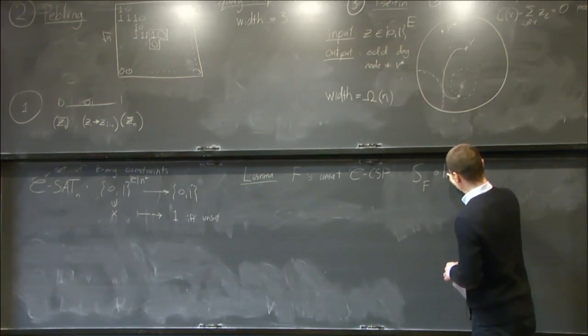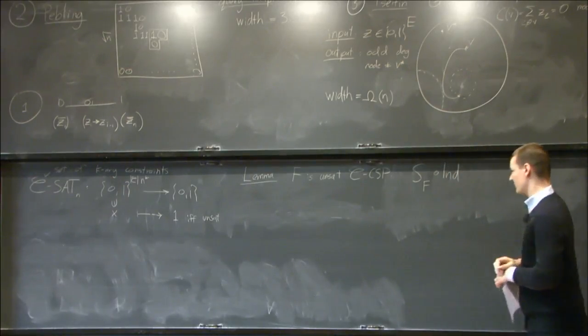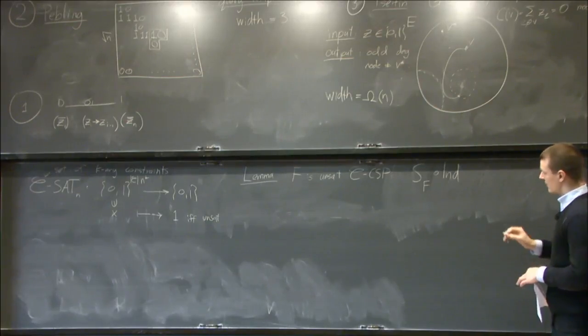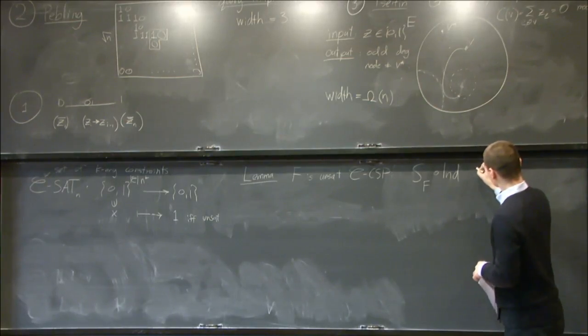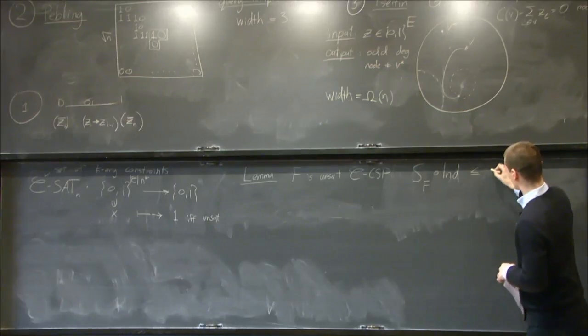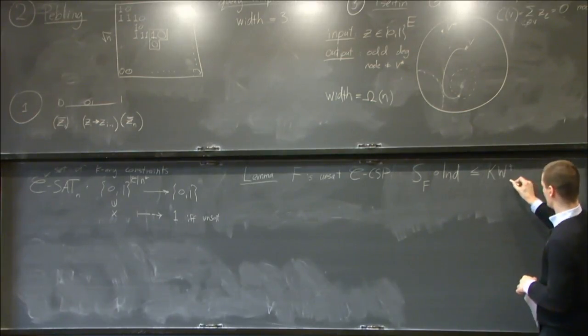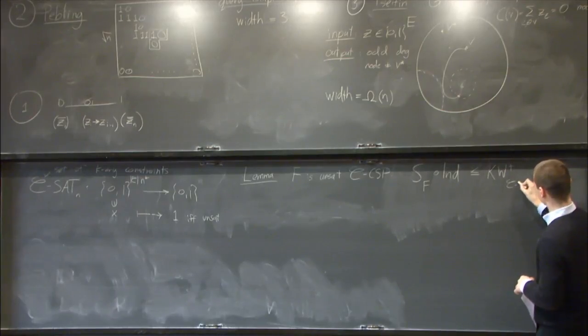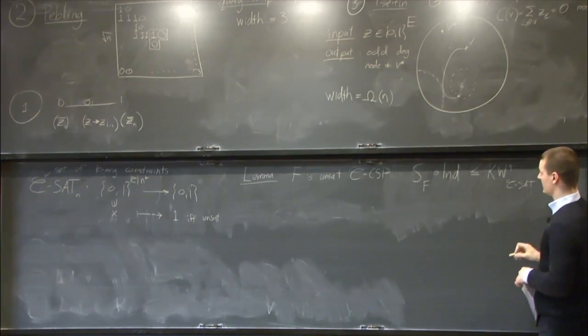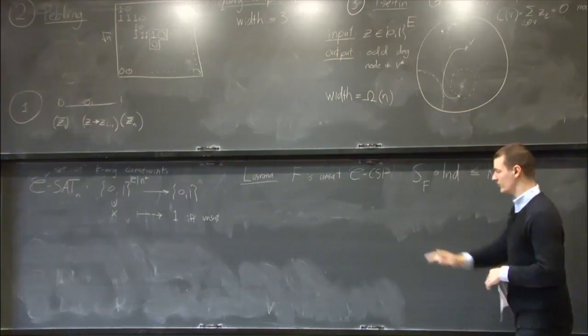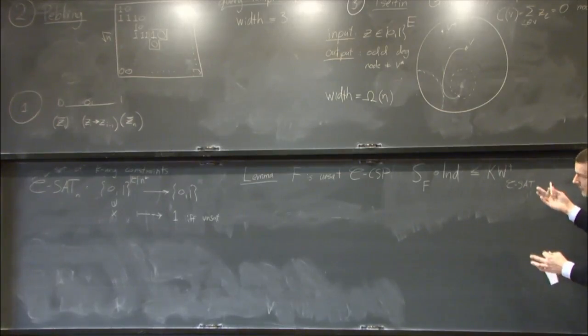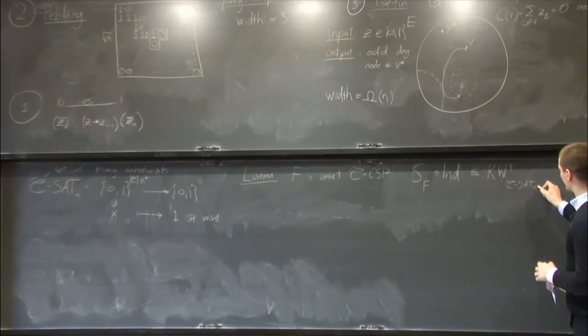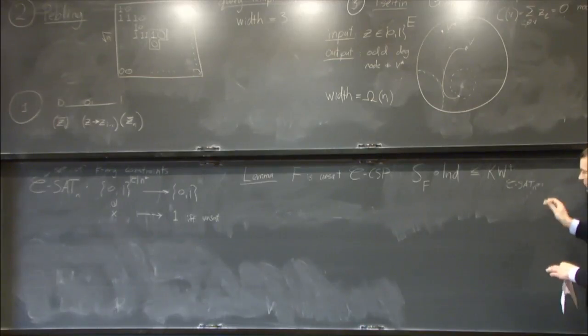And if I look at the communication version of it, composed with the gadget, then I can embed this inside the Karchmer-Wigderson game for CSAT. So if this had maybe n variables, then this will have some poly in n variables. Maybe we lose some polynomial factors there.